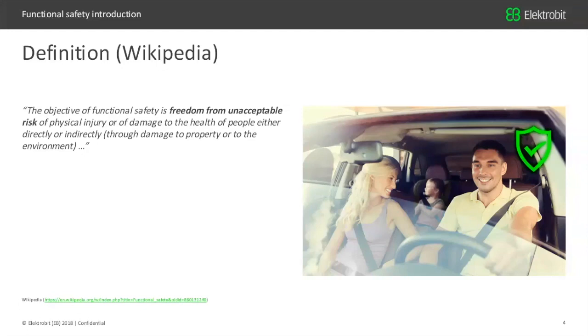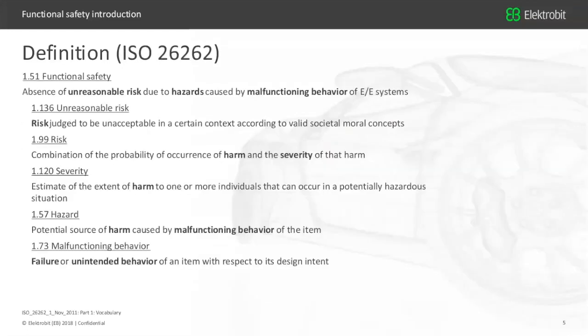So if we look further, we can have a look at the functional safety ISO standard, the ISO 26262. And here it is a little bit more precise. It says the functional safety is the absence of unreasonable risk due to hazards caused by malfunctioning behavior of EE systems.